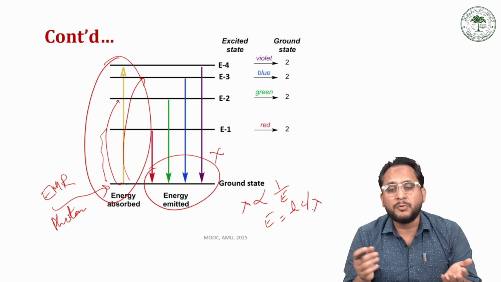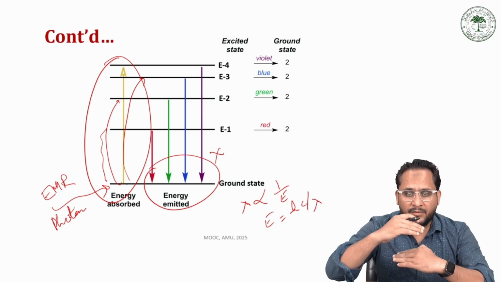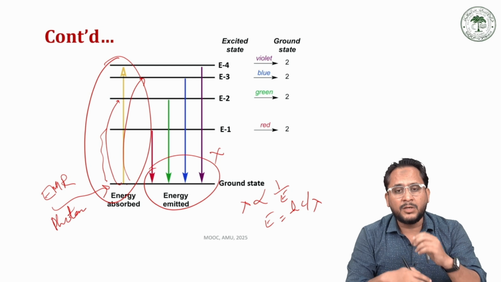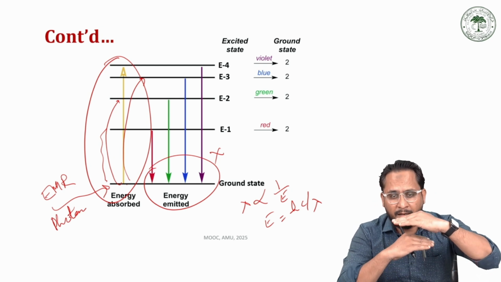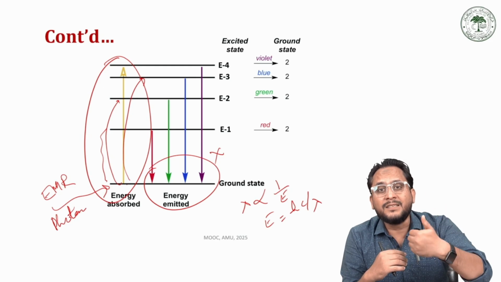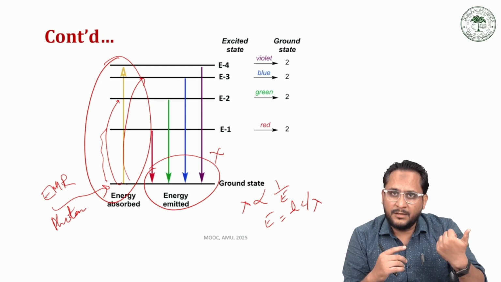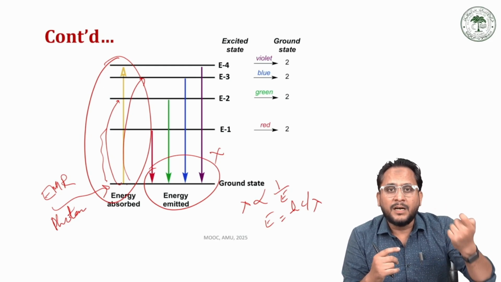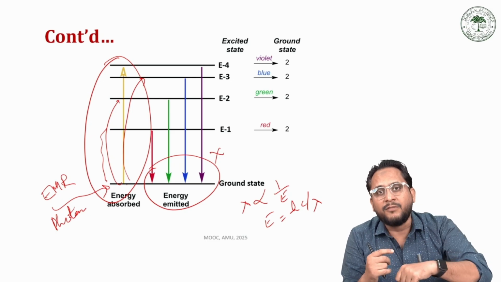So if among two energy levels the gap of energy is high, then light of higher energy is needed. And what does that mean? Light of higher energy means light radiation of lower wavelength.